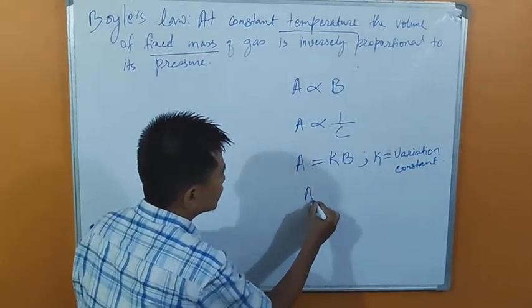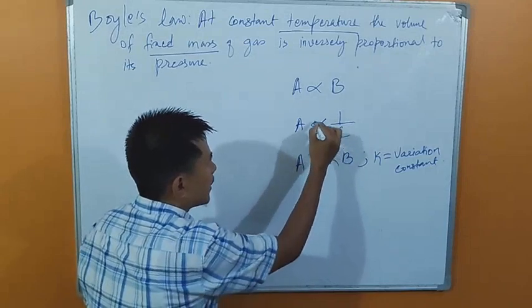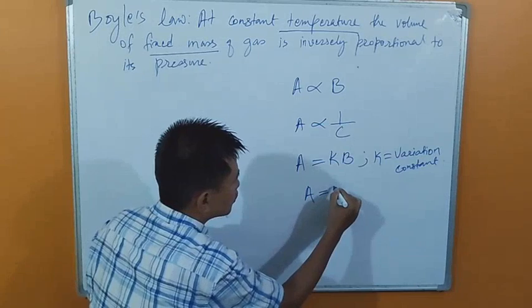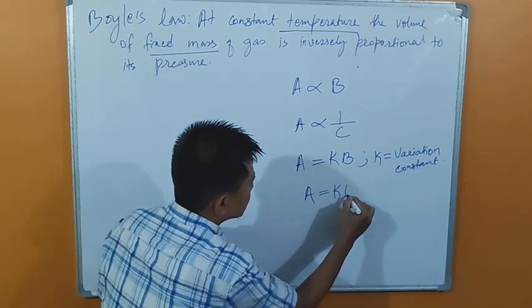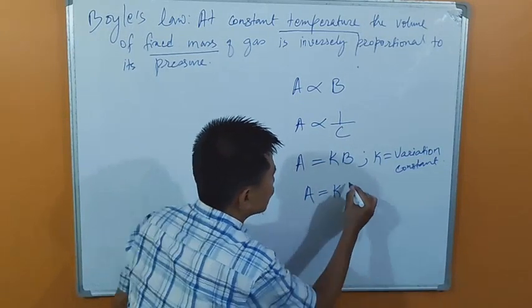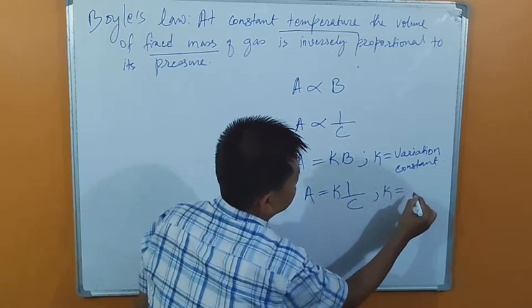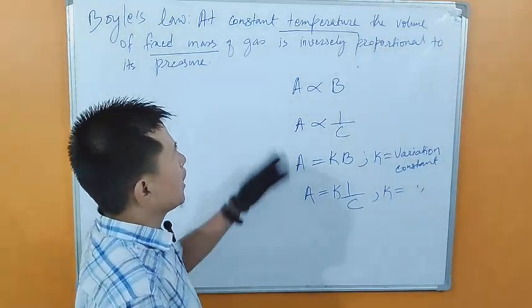Here also you can introduce a constant. By replacing the sign of variation with equal to and introducing a constant, and since C is in the denominator, we write it as it is, where K is the variation constant. I hope you got this.